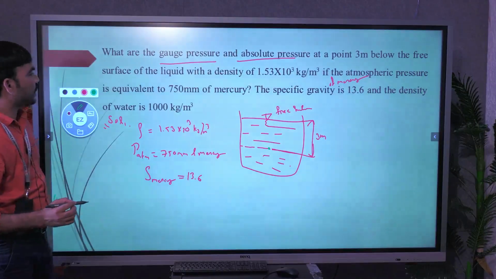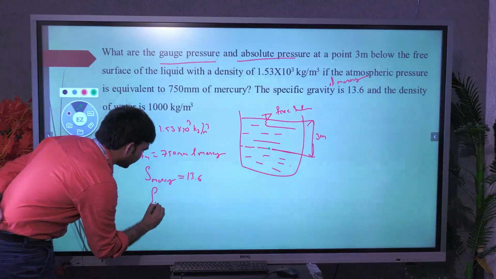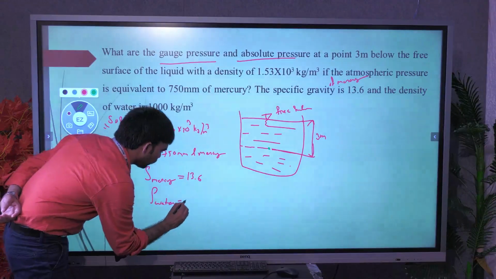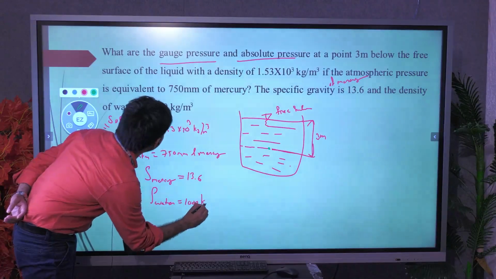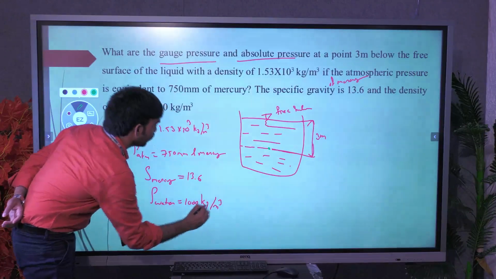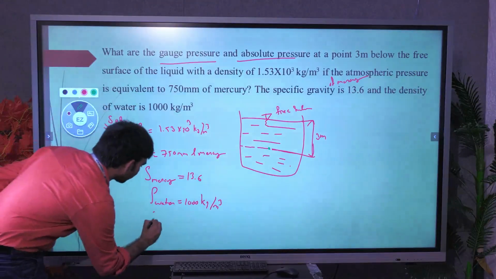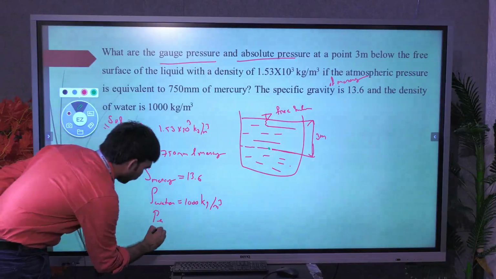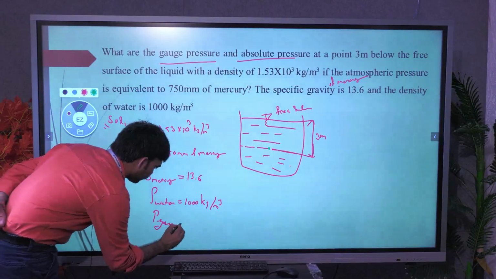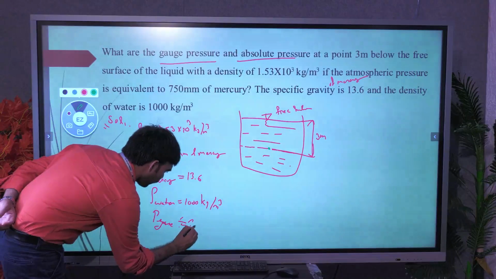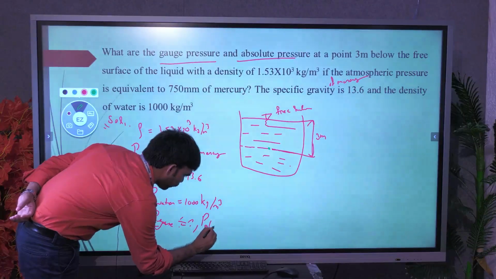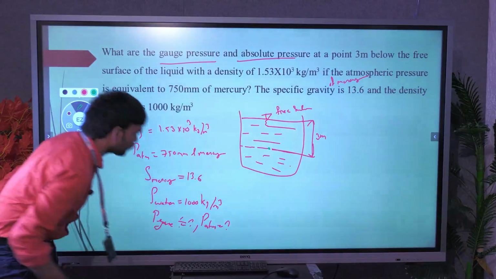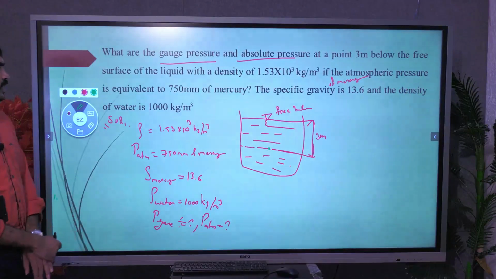Next, the density of water is 1000 kg per meter cube. And you have to calculate atmospheric pressure, absolute pressure and gauge pressure. So this is the data that is given.